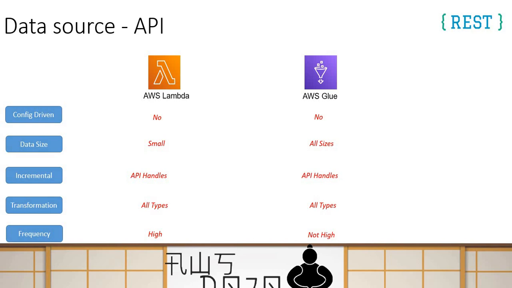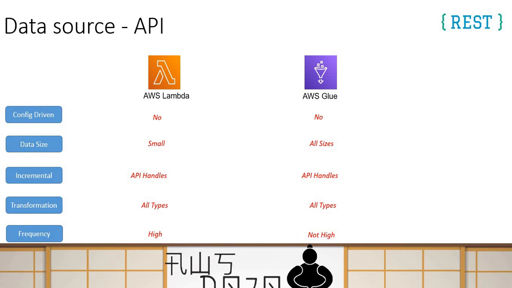In case of Glue, it looks similar to Lambda function, but only one thing is different, which is your frequency. Since Glue has a 1 minute startup time, at this point it cannot be used in a scenario where you want to run a Glue job every 15 seconds.